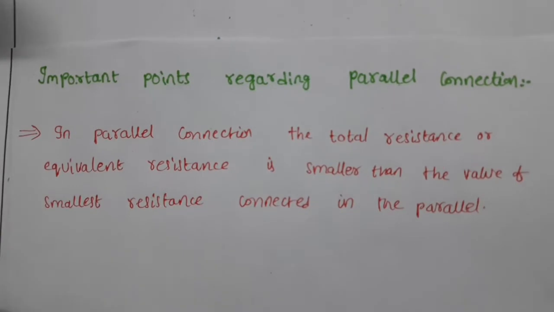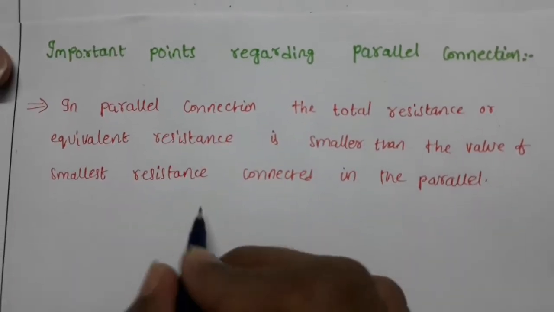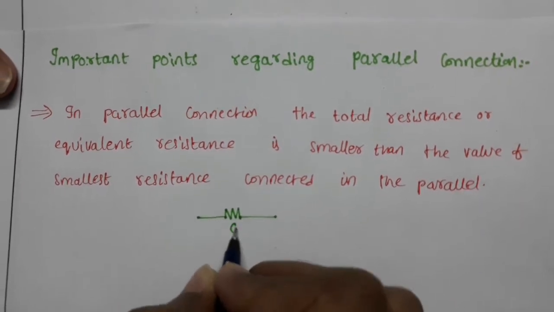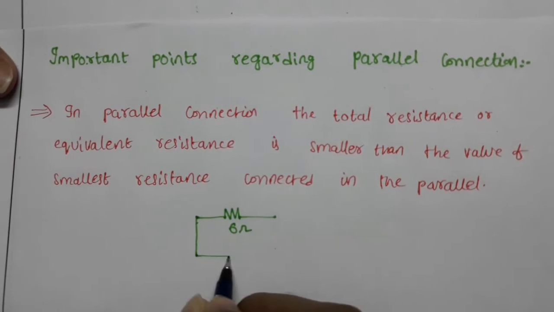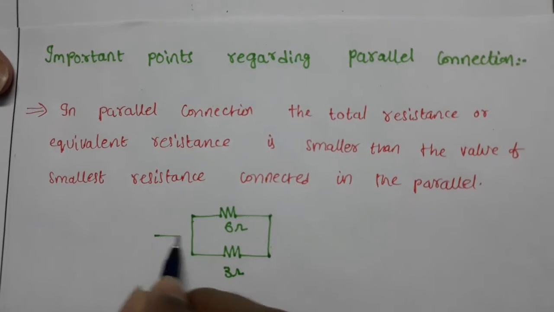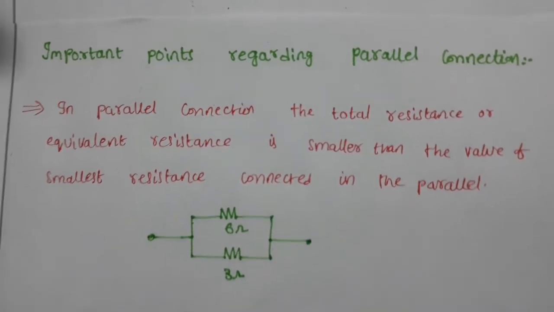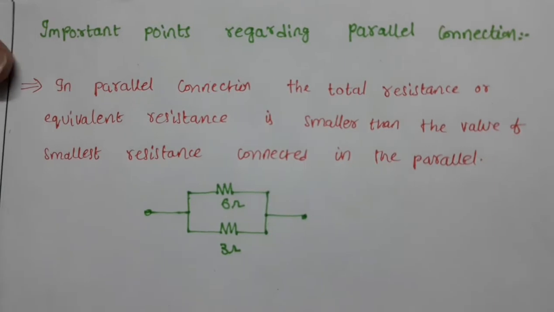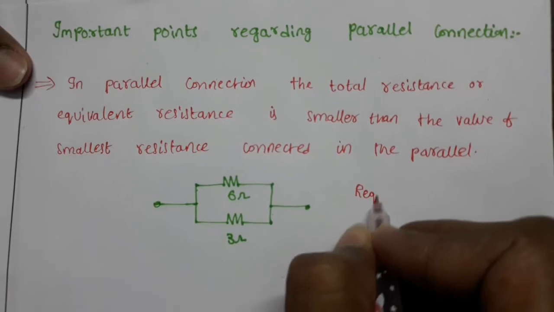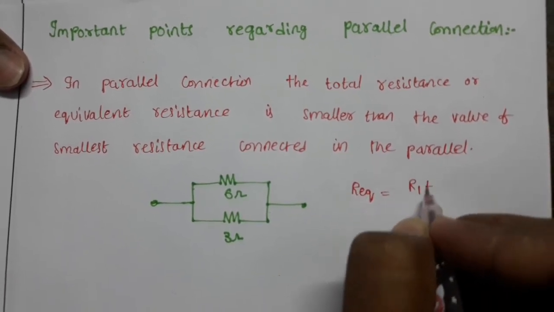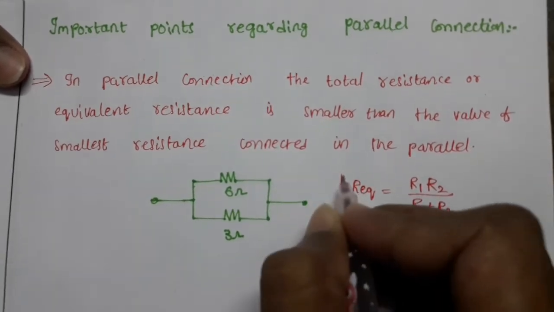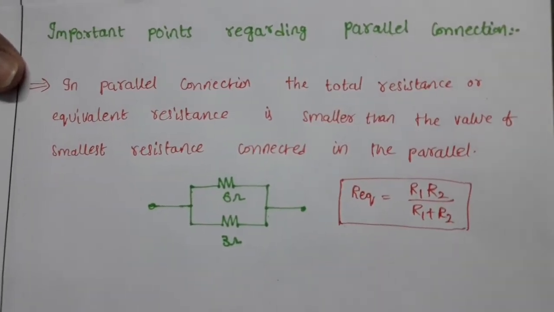I will explain this by taking an example. I am taking two resistances in parallel: resistor 1 of 6 ohms and resistor 2 of 3 ohms. If we find R equivalent, we know R equivalent equals R1 R2 by R1 plus R2 for two resistances connected in parallel.